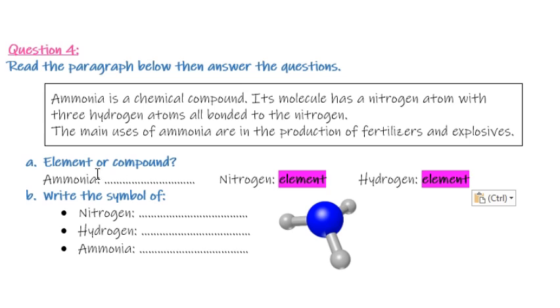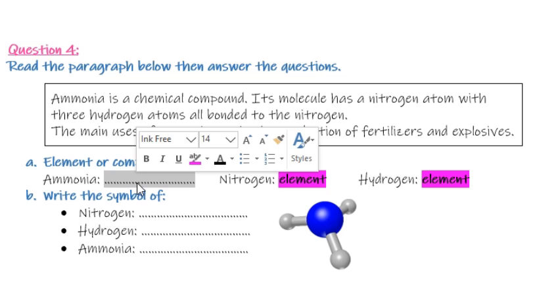What about ammonia? They said that a molecule of ammonia has one nitrogen atom in it with 3 hydrogen atoms in it. So it has nitrogen and hydrogen. It has 2 different elements in it. So what do you think? Is it an element or a compound?